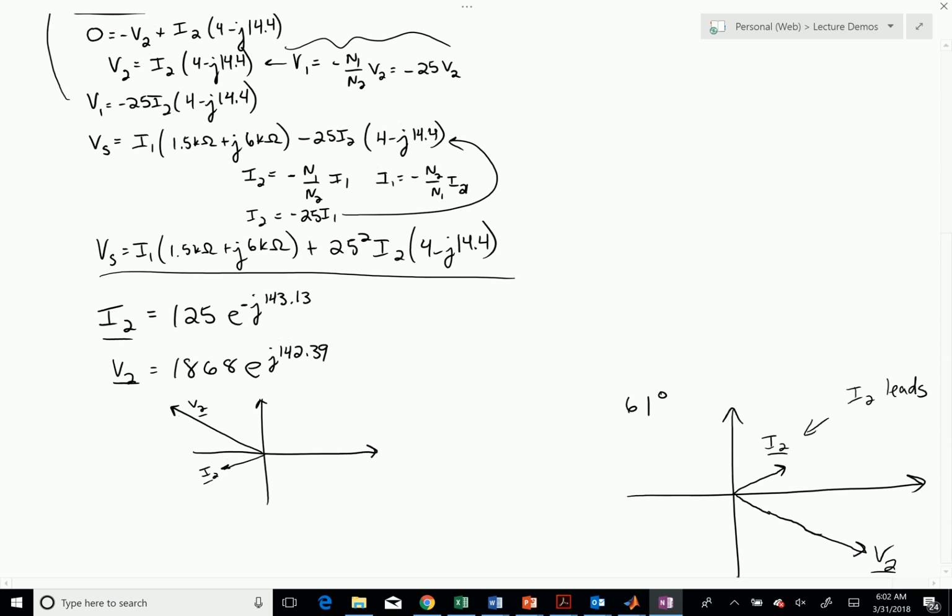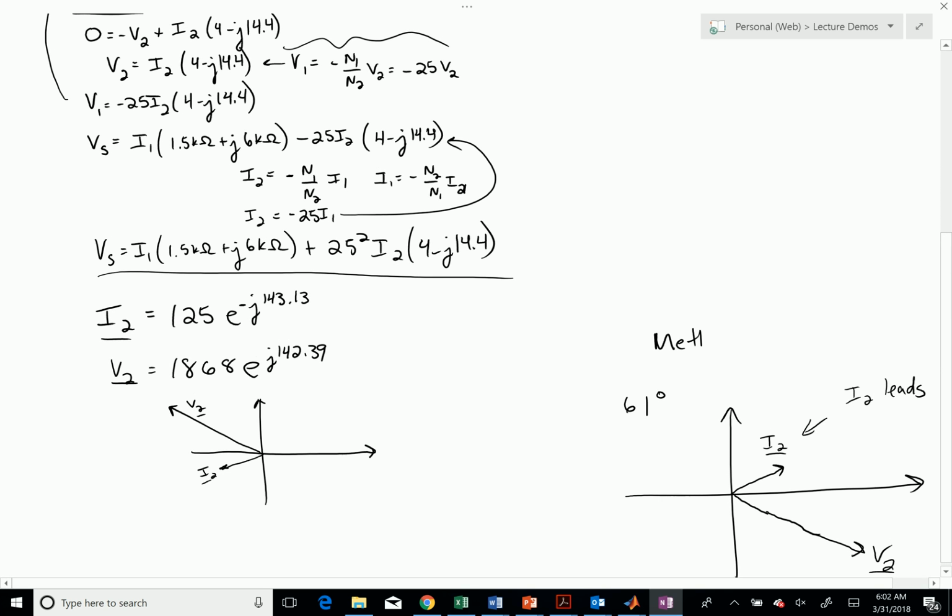This was method 1, where I determined the polarities myself. This is method 2. Notice that if I look at the V2 here and the V2 here, they're separated by 180 degrees. Look at the I2 here and the I2 here, they're separated by 180 degrees. What is 180 degrees equal to?